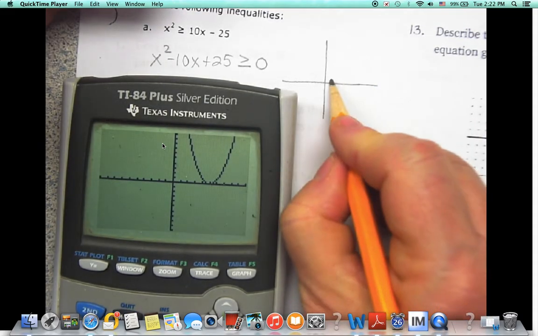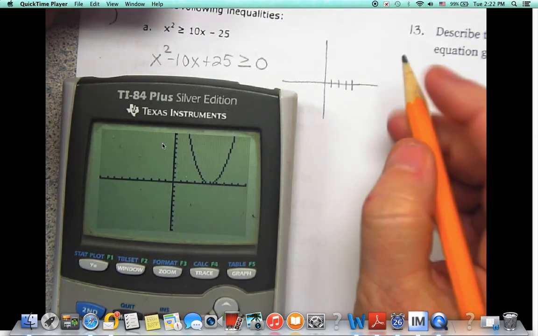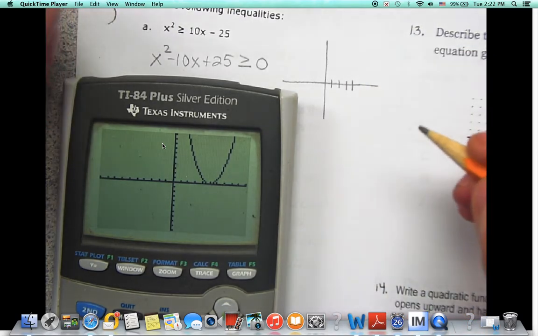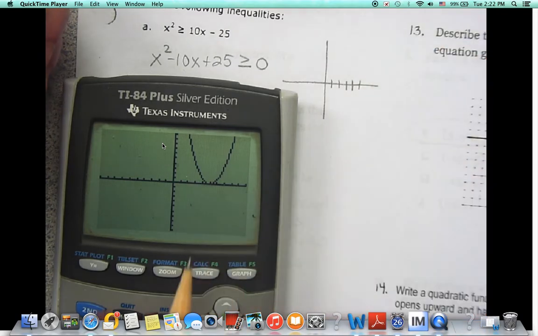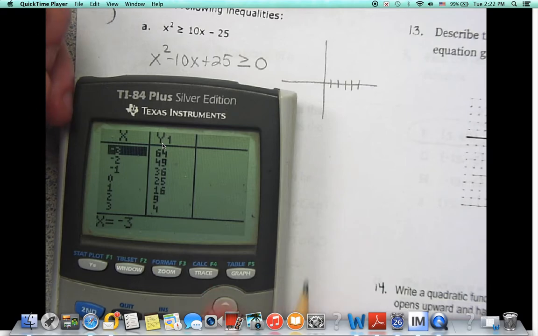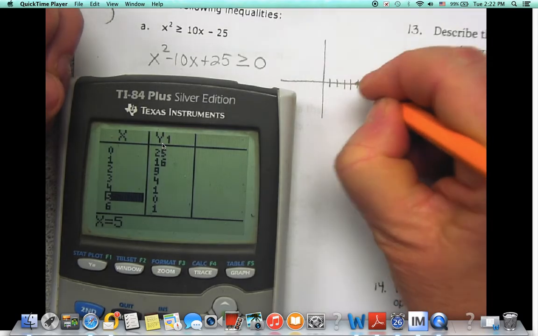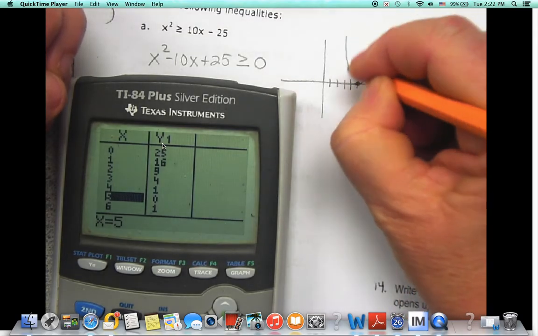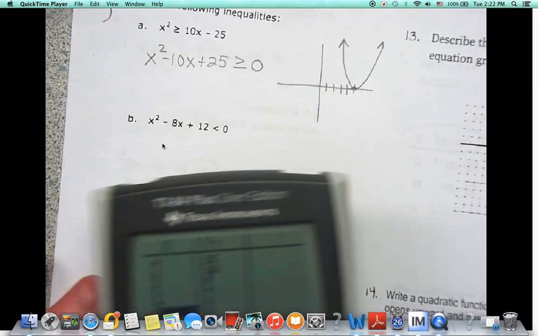Where does it intersect the x-axis? About 5. 1, 2, 3, 4, 5. Let's check the table to make sure. Do we have a 0 at 5? Yes. You've got to check it, because sometimes it'll go underneath it and you can't tell. So you definitely want to check it.